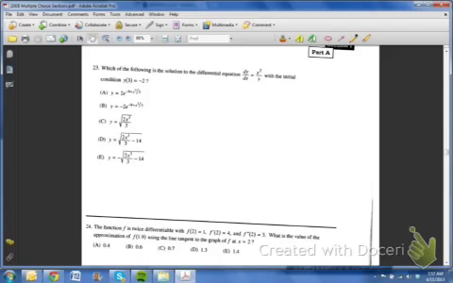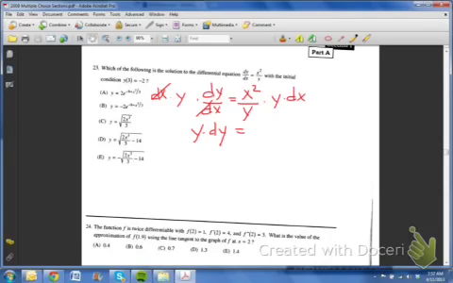So I'm going to take this equation and multiply both sides by y dx. Those are my two denominators. So if I multiply this side by dx, I'll cancel out the fraction and separate the variable. And on this side, if I cancel out the y's, I get x squared dx. So I've separated the variables.